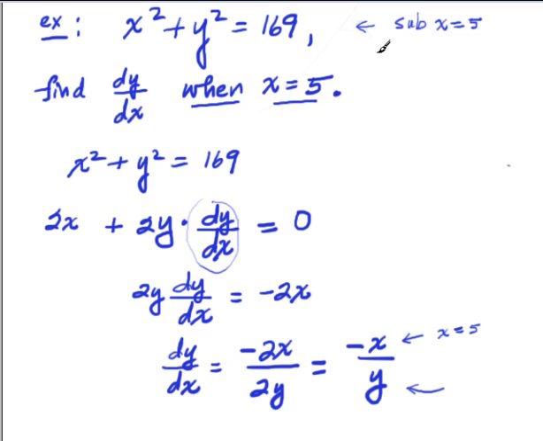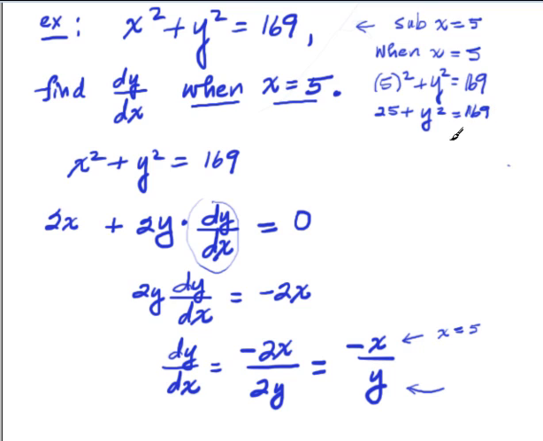So when x is equal to 5, we have 5 squared plus y squared is equal to 169. 25 plus y squared is equal to 169.